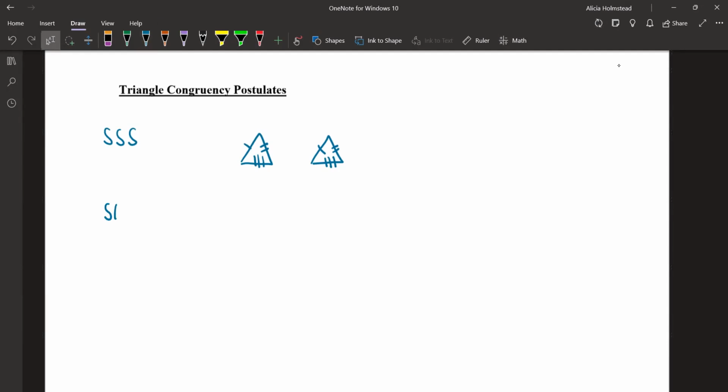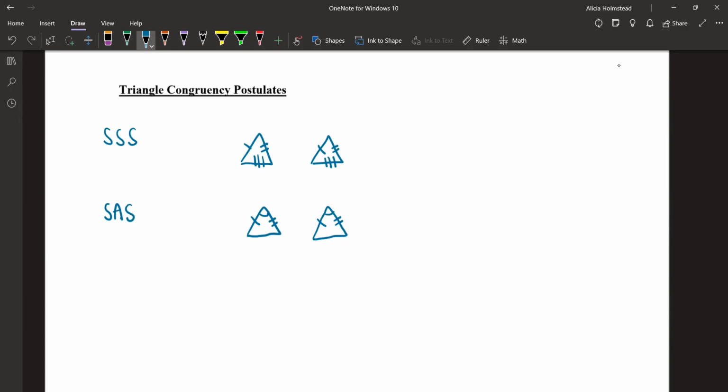We also have side angle side congruency. So if we knew this side and this side were congruent, this angle and this angle were congruent, and this side and this side were congruent, then we would know that the triangles are congruent.